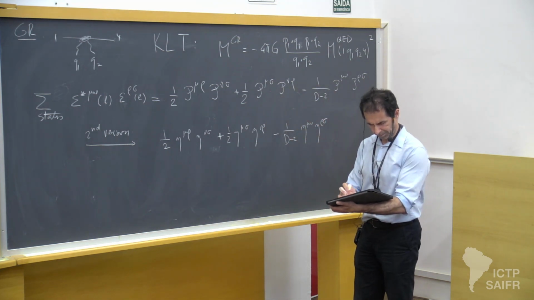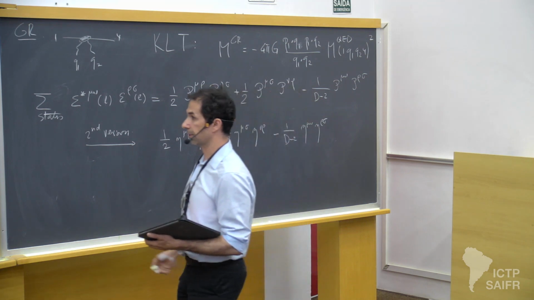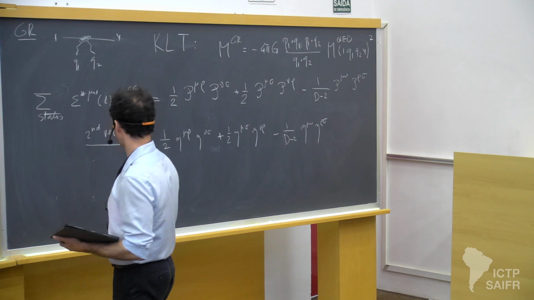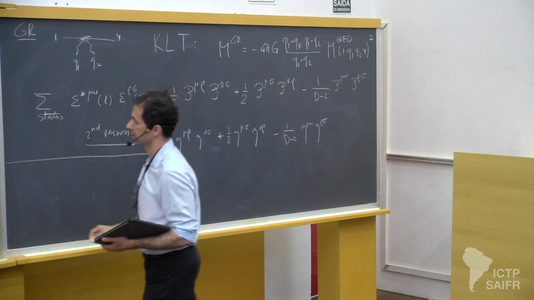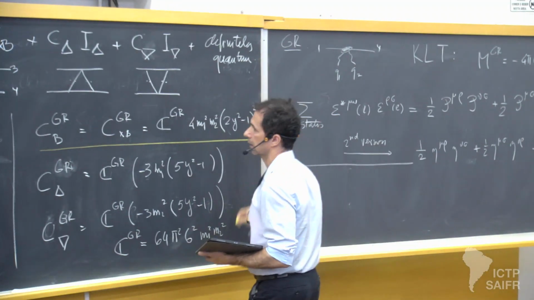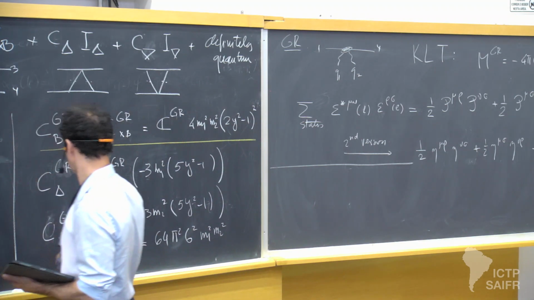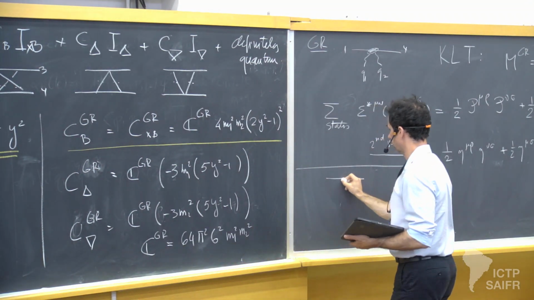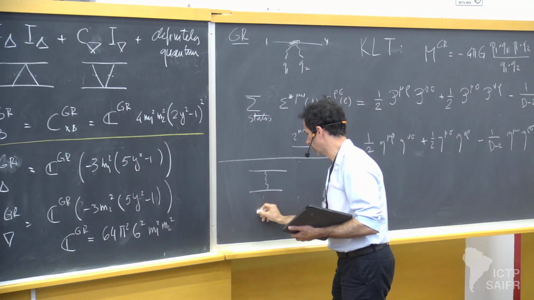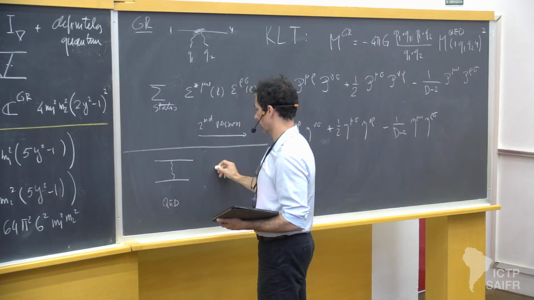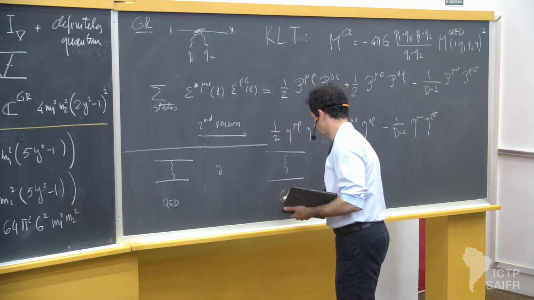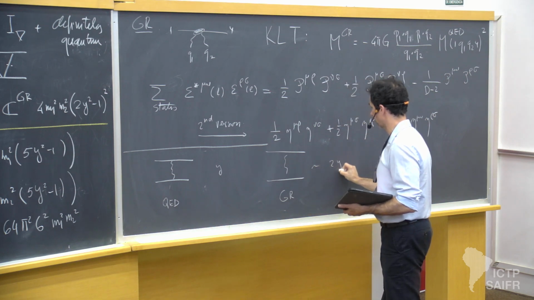The thing to notice is that this term here, and similarly this one, are related to the corresponding 3 amplitudes in GR or in QED. In QED, the 3 amplitude was proportional to y, and in GR it was proportional to 2y squared minus 1.